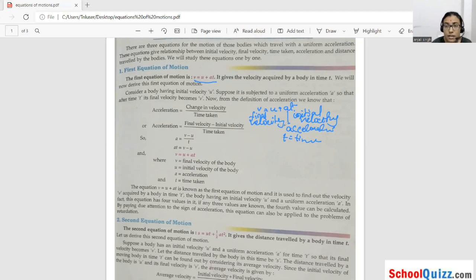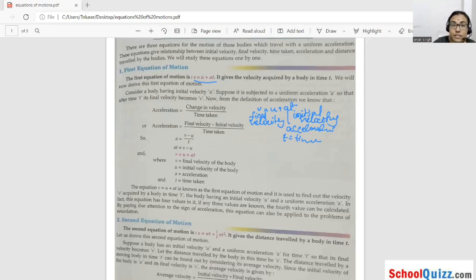Clear everyone? a is the acceleration acquired by the body, and t is the time taken to reach from the initial point to the final point. I had given you the examples also. So now we'll start the deriving.